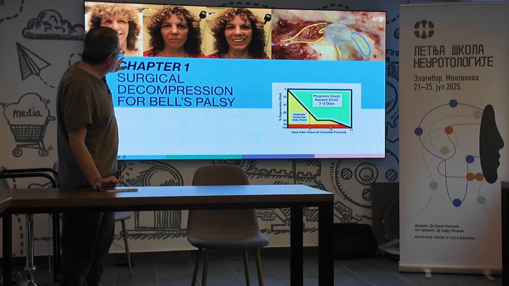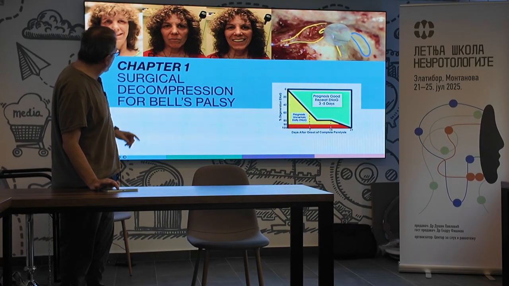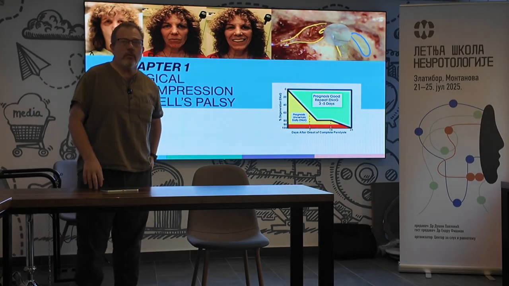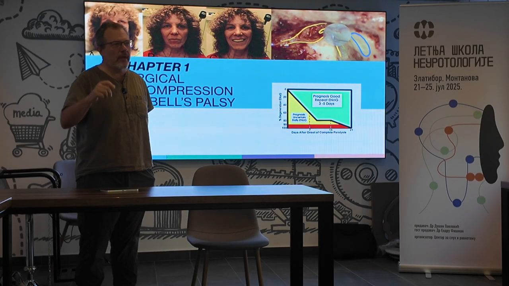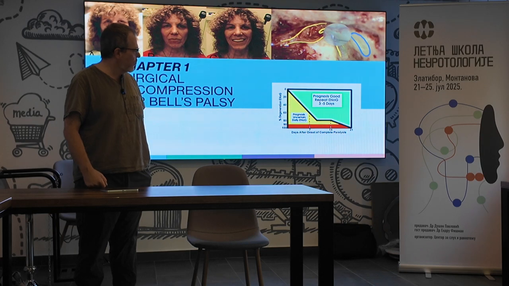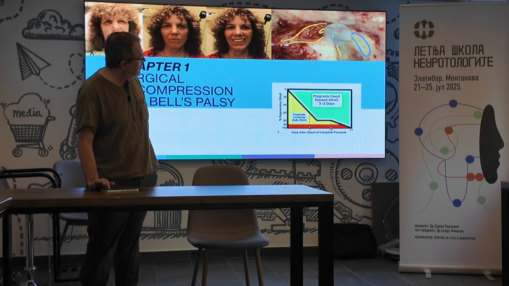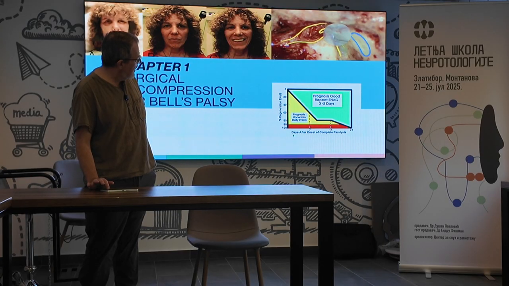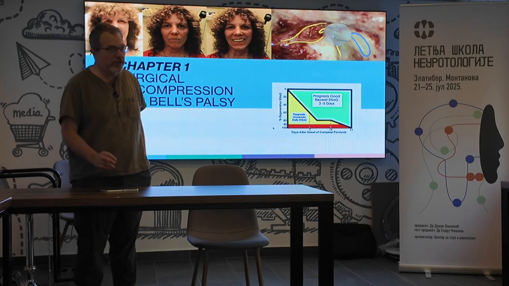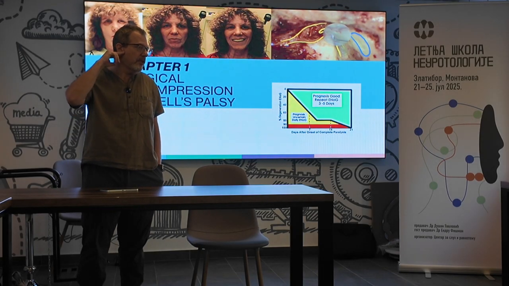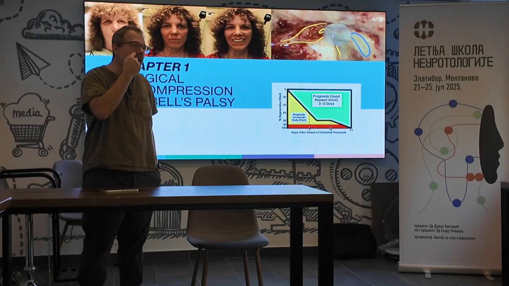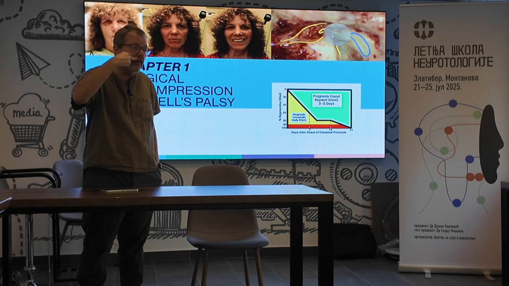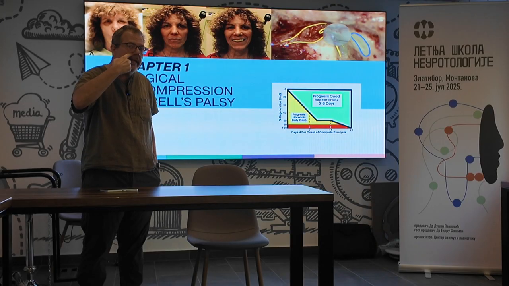Now, what about surgical decompression? Well, in the 80s, Ugo Fisch in Zurich, and then in the late 80s, University of Iowa did a study, very good studies that showed that you have to measure the percentage of degeneration on the facial nerve by doing electrical stimulation with a bipolar electrode, surface electrode, and measure the amplitude of the reaction of surface electrodes, right, stickers, at the nasolabial fold.